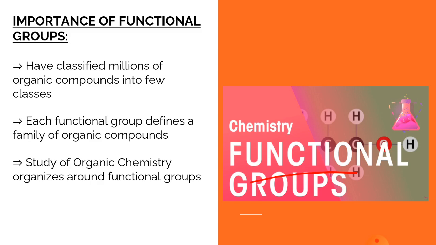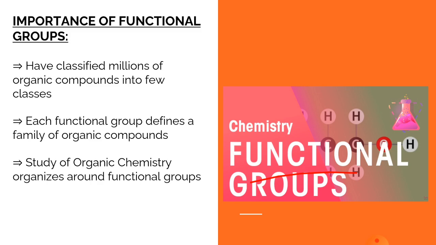The study of organic chemistry generally organizes around functional groups. We know that chemistry is basically about chemical reactions. So these functional groups, or the specific groups of atoms, decide what kind of chemical reactions will occur in certain kinds of organic compounds.